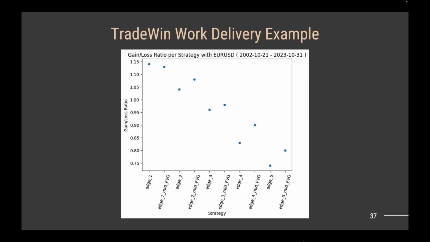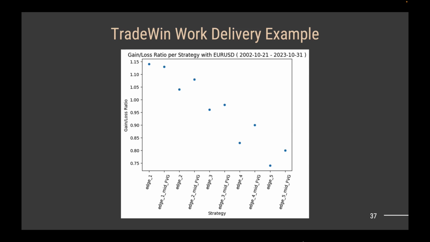Another graph I provide is, for example, for the different strategies tested. So here you can recognize on the x-axis 5 take profit conditions and 2 entry conditions: Edge 1, meaning I enter at 0% FVG, and Edge 1 mid FVG, I enter when half of the FVG gets filled. And I provide here the gain-loss ratio for the strategy. Above 1, your strategy is profitable.